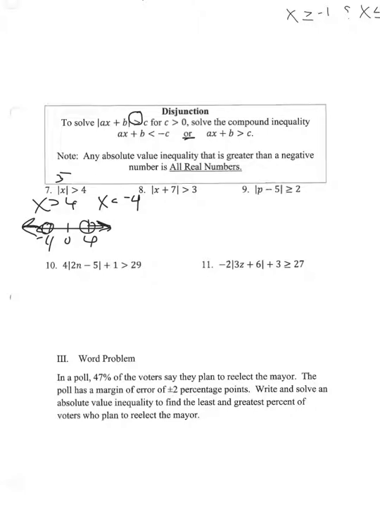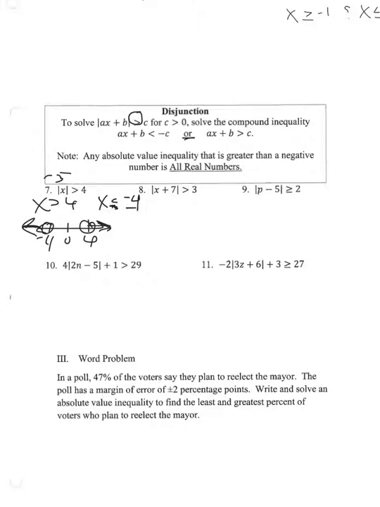I also shaded over negative 5, so if I plug negative 5 in, the absolute value of negative 5 is 5, and again, it's greater than 4. So that's why, when we are graphing these and figuring out the two different cases, we have to flip this inequality symbol when we talk about the negative aspect of it.